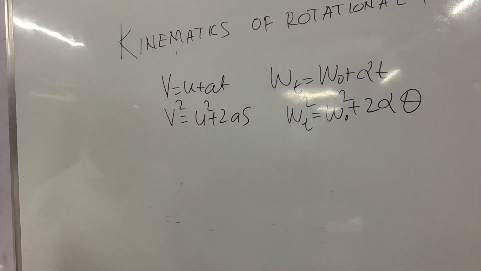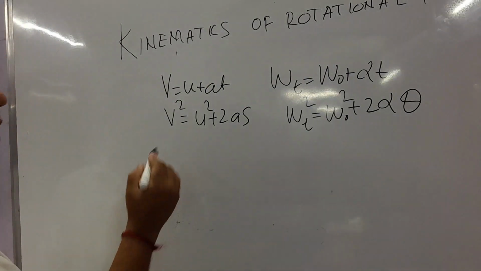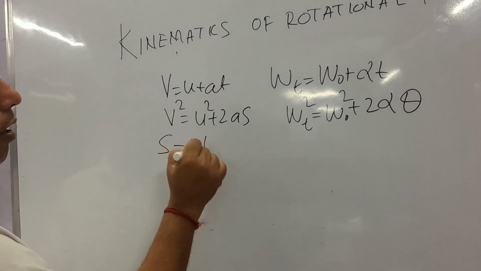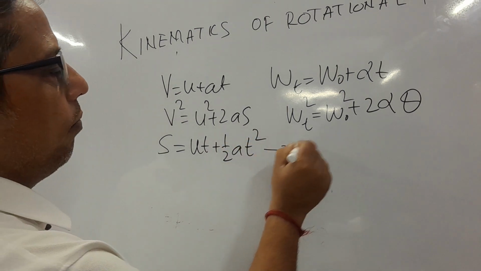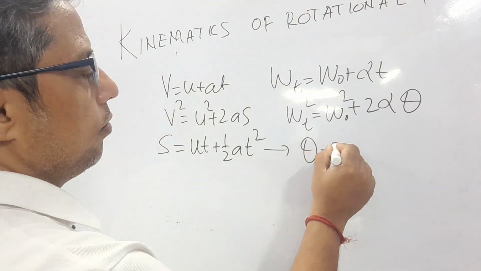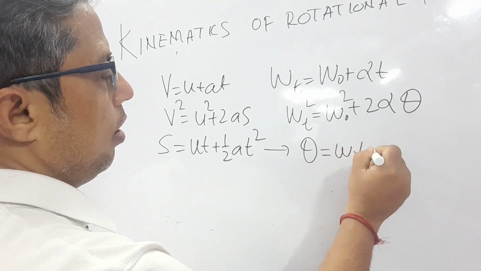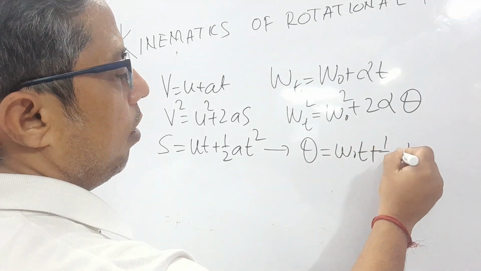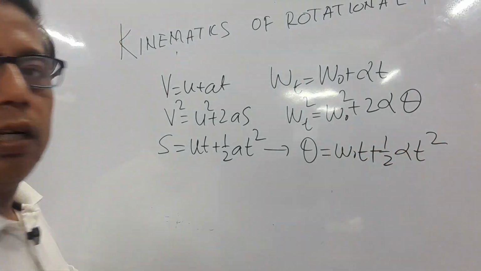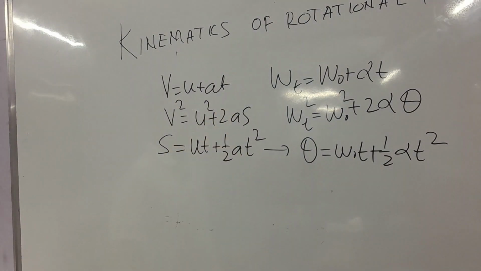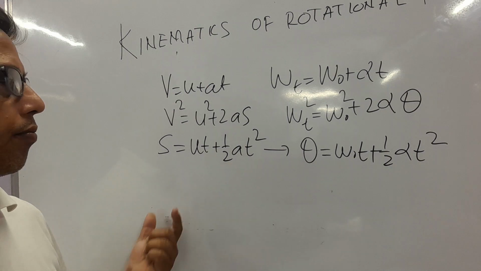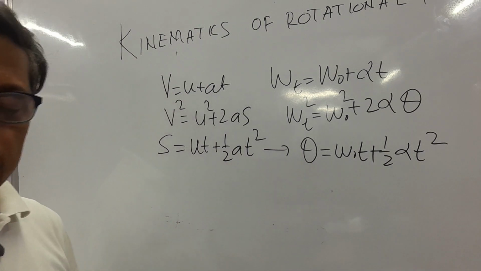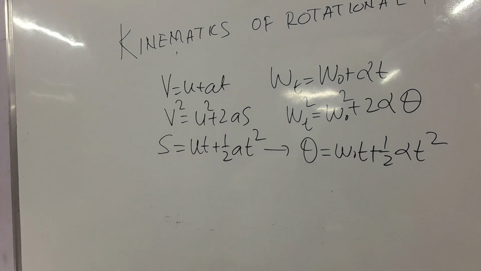Next is s equals ut plus half a t squared. In angular motion, theta equals omega 0 t plus half alpha t squared. So these are the equations of motion in angular form, and those are for the linear.